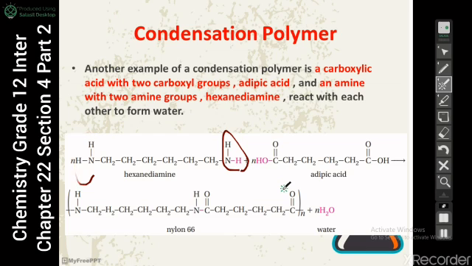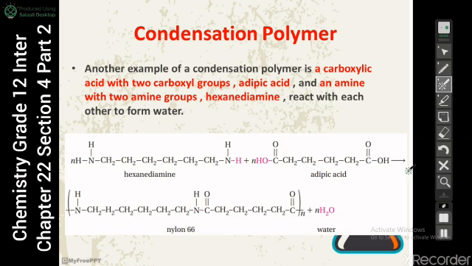A carboxylic acid which also contains 6 carbons, but the carbons in the carboxyl group are numbered. So we have 1, 2, 3, 4 and COOH 5 and another COOH 6. So 4 carbons and a carboxyl group and a carboxyl group, which makes it 6 carbons.